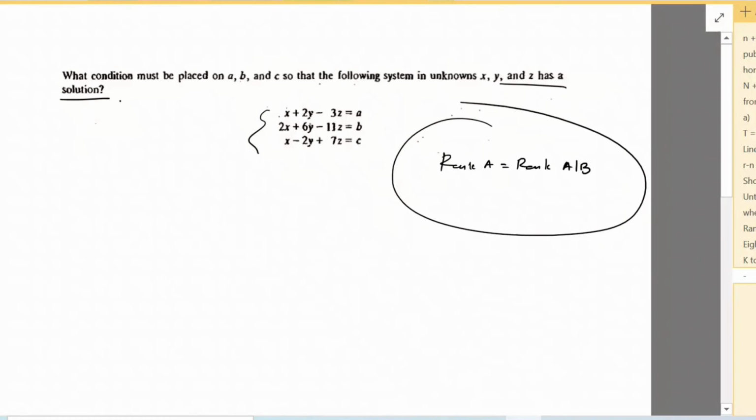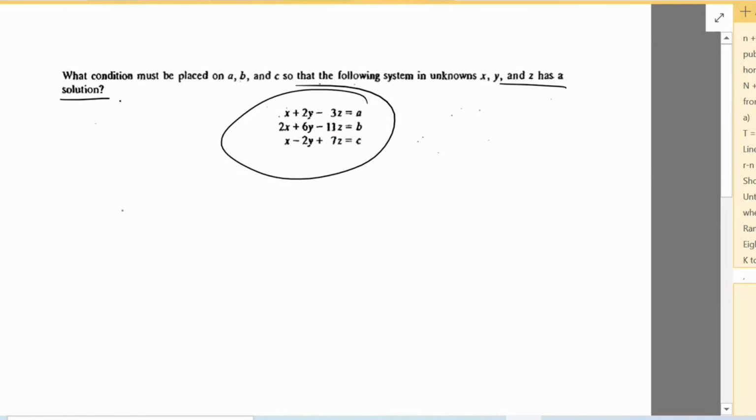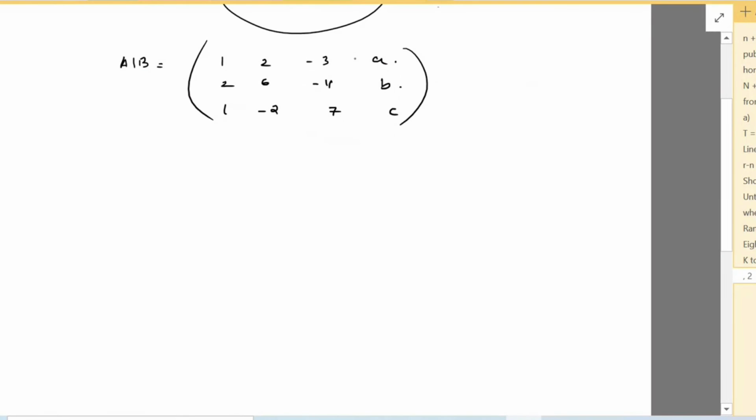First of all, we will reduce the augmented matrix into echelon form. The augmented matrix here is 1, 2, minus 3, a; 2, 6, minus 11, b; and 1, minus 2, 7, c. I'm applying the operations R2 changes to R2 minus 2R1 and R3 changes to R3 minus R1.